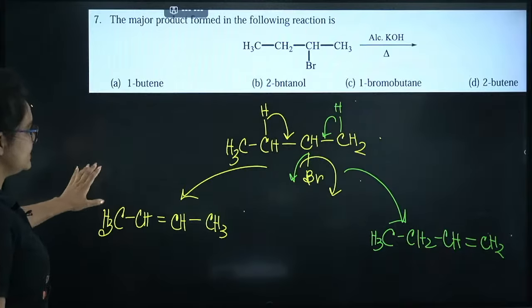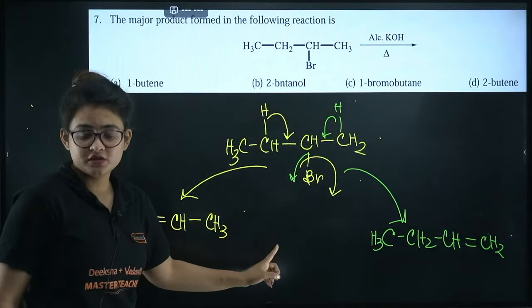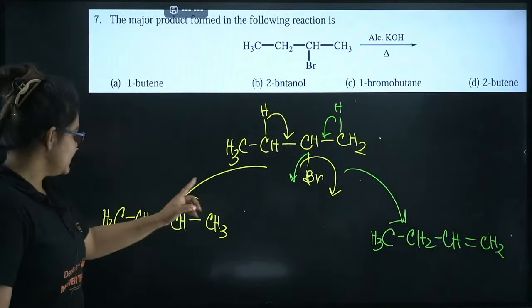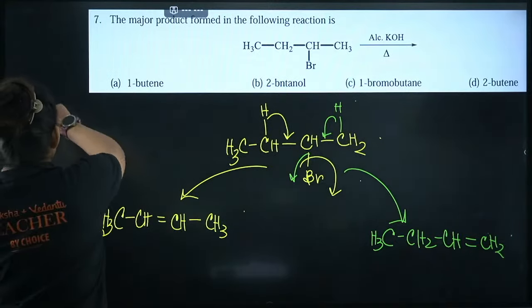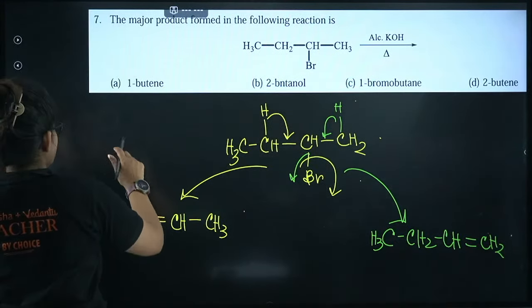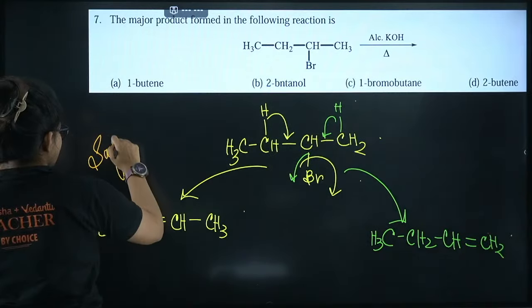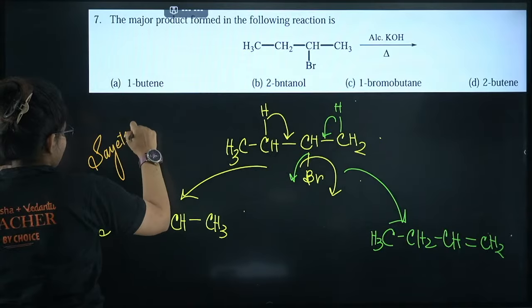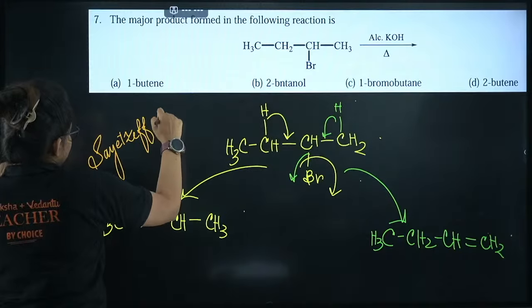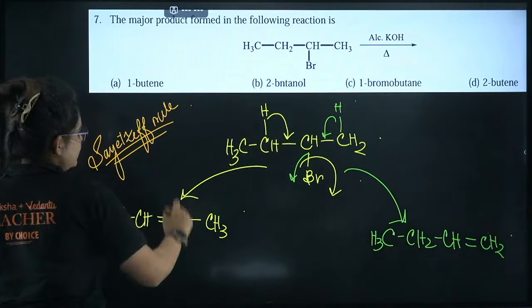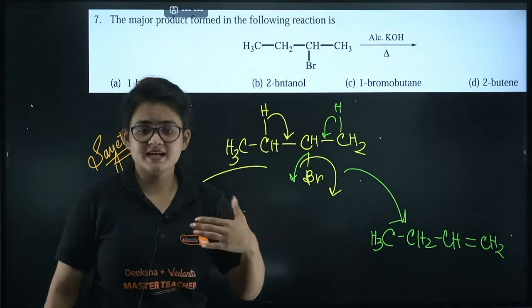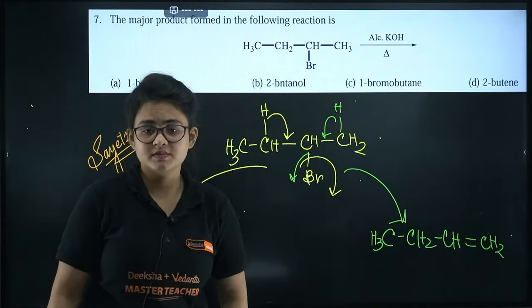So now the thing is, which is going to be the actual product. For this particular case, the Saytzev rule will be applicable. Whenever it comes to the Saytzev rule, the more substituted alkene will be the stable product.